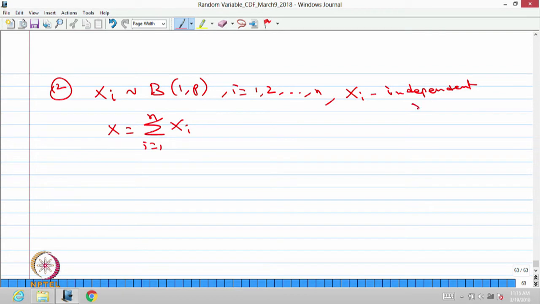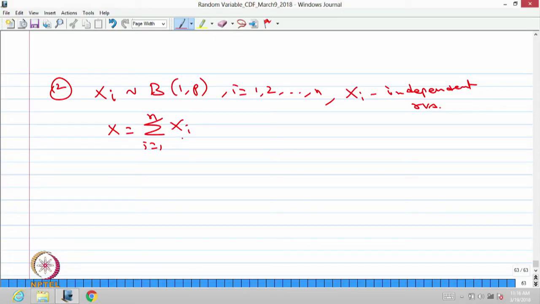In detail, what is the meaning of those n random variables being independent and what properties are going to be satisfied will be discussed later. But now you can keep the assumption that the Xi's are mutually independent random variables. Then one can conclude that capital X is a summation of Xi's. So, the possible values of X are 0 to n, because each Xi takes a value 0 or 1.